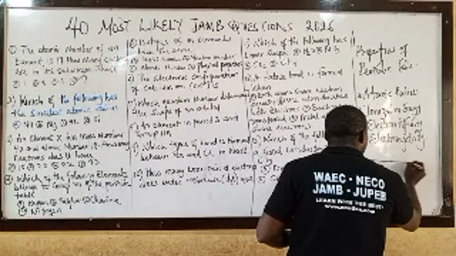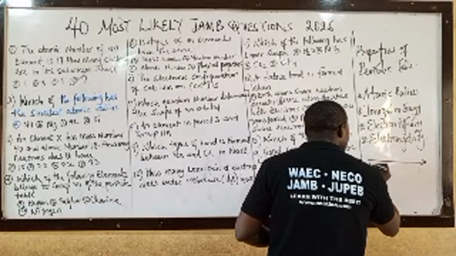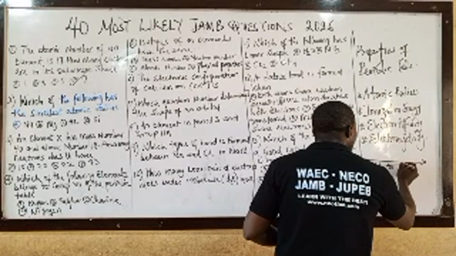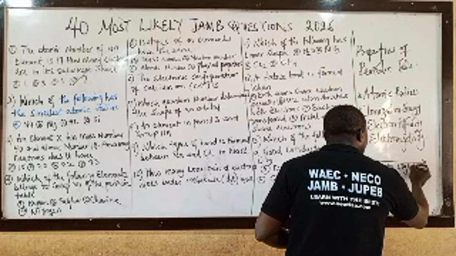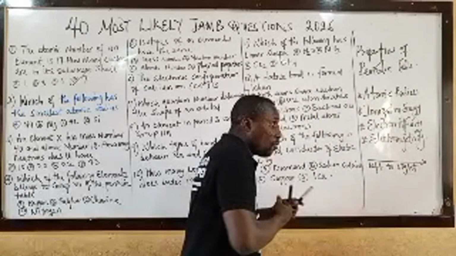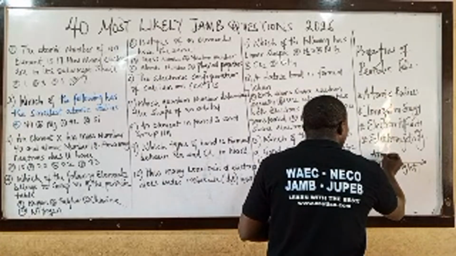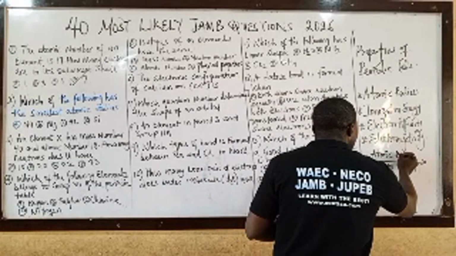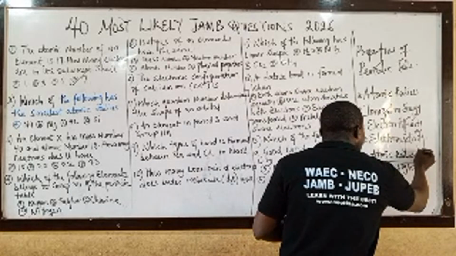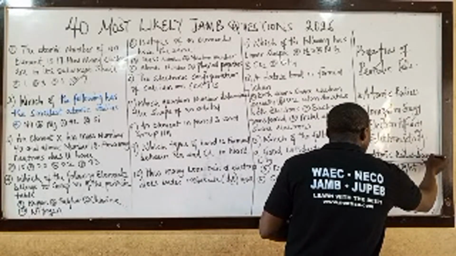As you are moving from left to right across the periodic table, atomic radius decreases.